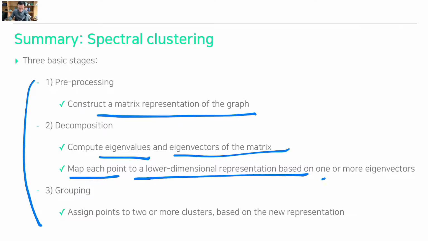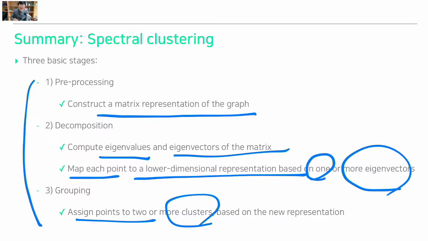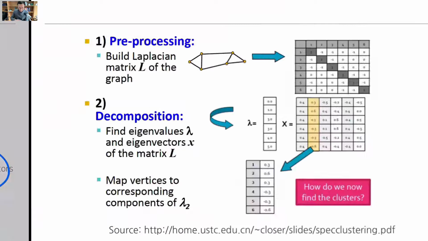Here we focus on just one eigenvector, and considering the sign, we get the clusters. With more eigenvectors we get more clusters. To get more clusters, we need to consider more complicated settings, and we'll introduce them in the following slides.